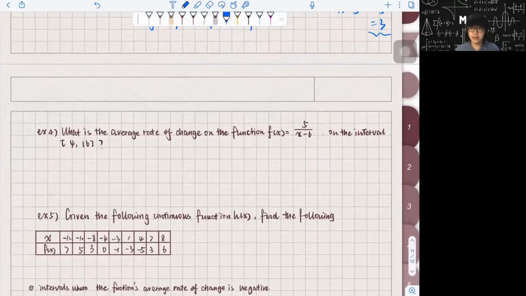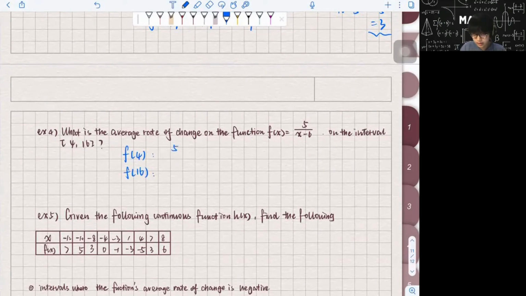Exercise 4 is similar, we just need to use the same method. What is the average rate of change of the function f(x) equals 5 over x subtract 6 on the interval from 4 to 16? F(4) and F(16).